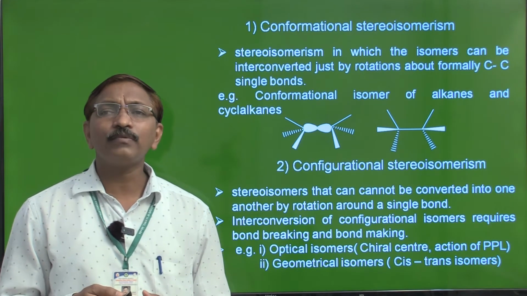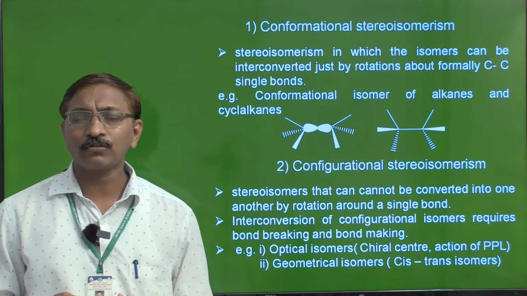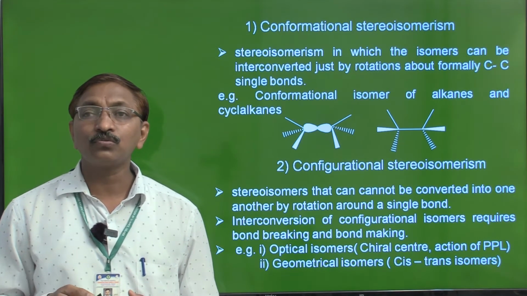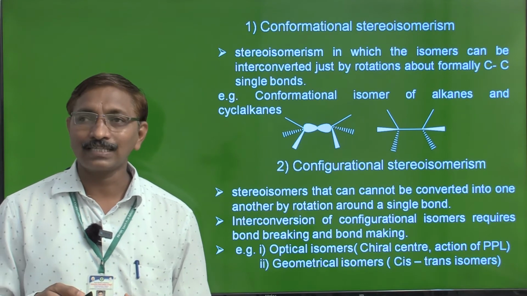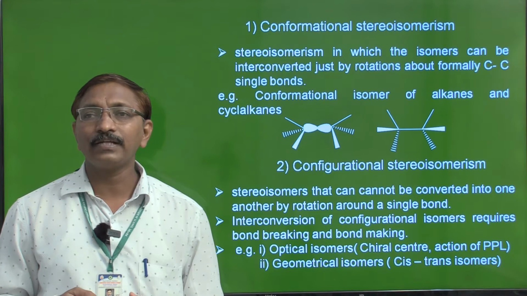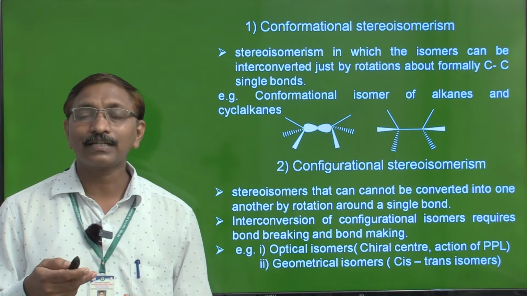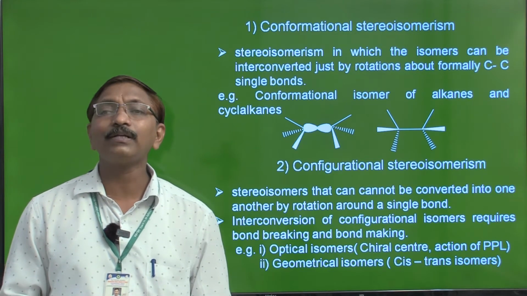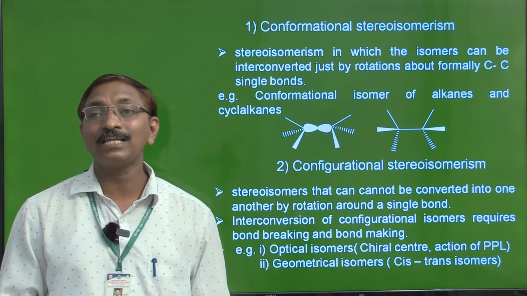Then geometrical isomerism involves restricted rotation across a carbon-carbon double bond, and because of that we observe 2 kinds of isomers, cis and trans. On the basis of the different substituents present across the carbon-carbon double bond, they are also called E and Z isomers.